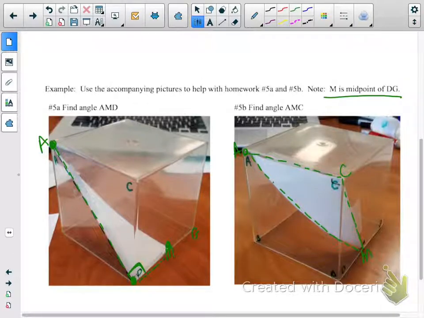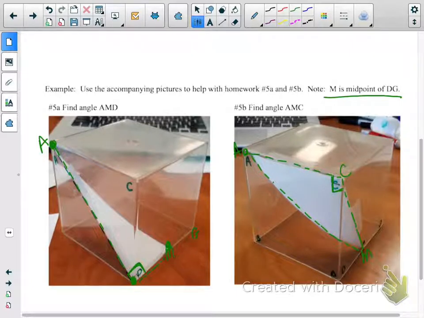Okay, so this one, I think you're going to have to actually look at a couple different triangles. So that's the triangle that is, kind of your right triangle. There is a right angle right here, okay? And I'm trying to find angle AMC, but I can't go quite there yet because I don't have enough information in this picture. Like I said, I know AC.